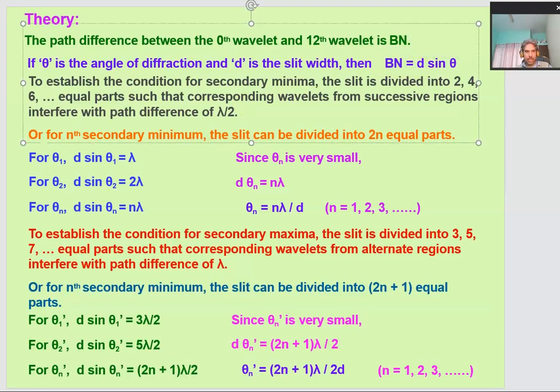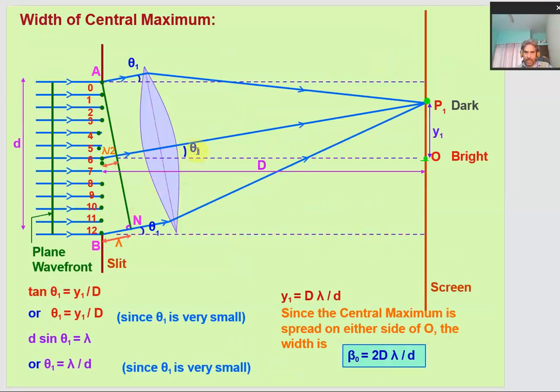Here, this angle is theta, because of the bending due to this path difference: the light ray coming from the center to reach point P1 makes an angle theta with the line joining the center of the screen and the center of the slit. So this angle is theta, and this angle BAN will also be equal to theta.